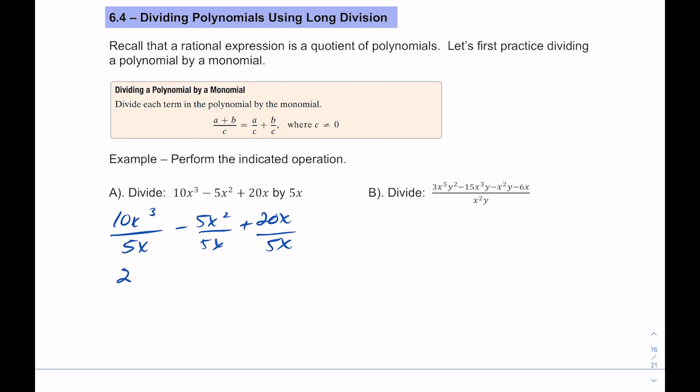And remember, when you're dividing like bases, you subtract the exponents. And there's actually a 1 here, so 3 minus 1 gives me 2. 5 divided by 5 is 1. In this case, it's negative. And x squared divided by x is x. 20 divided by 5 is 4. And x divided by x is 1, so it goes away. So there's your answer.